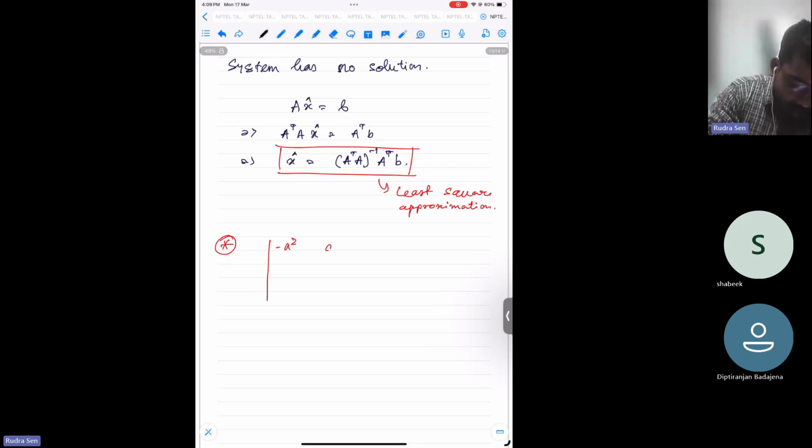A square, AB, AC, BA, minus B square, BC, and CA, CB, minus C square. And we need to prove this equals to that.